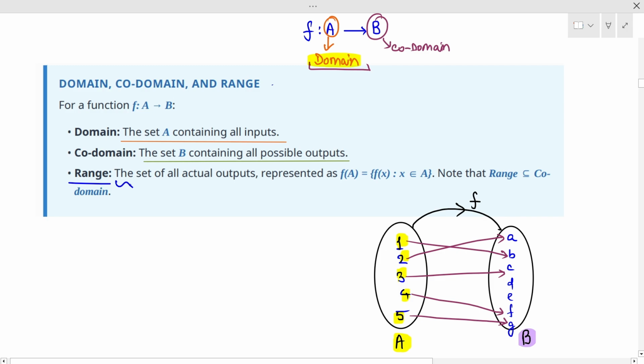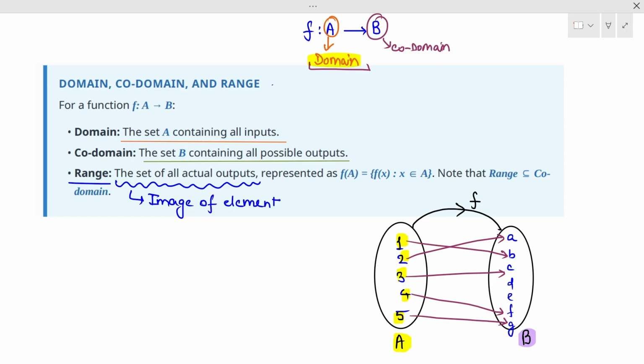Range means the set of actual outputs, right? Or we can say range means the image of the elements of set A, of the domain, right? It is basically the image set of all the elements of the domain.